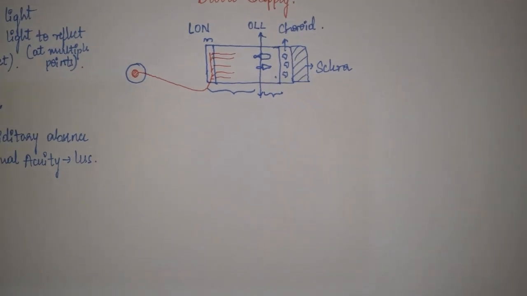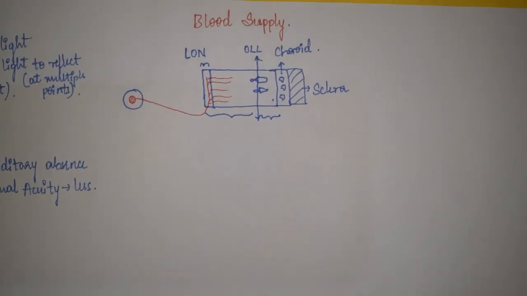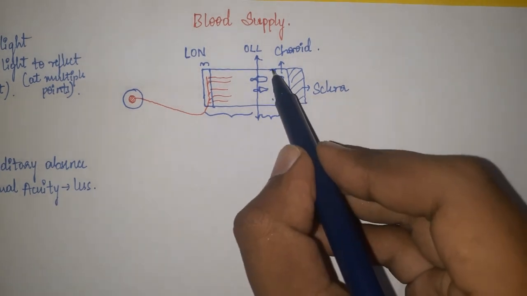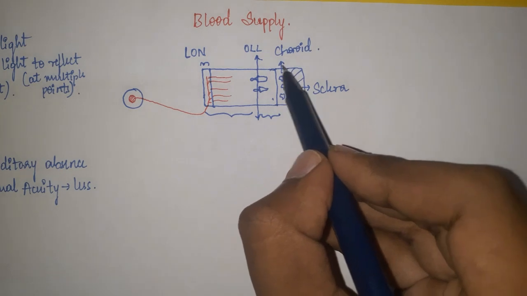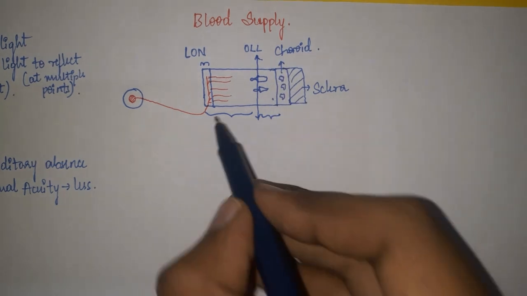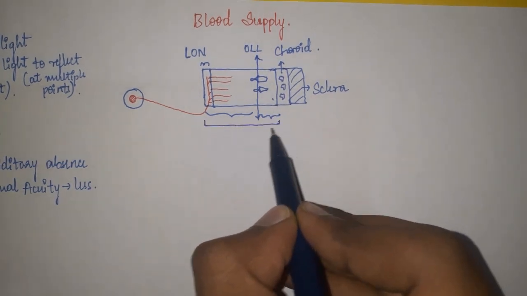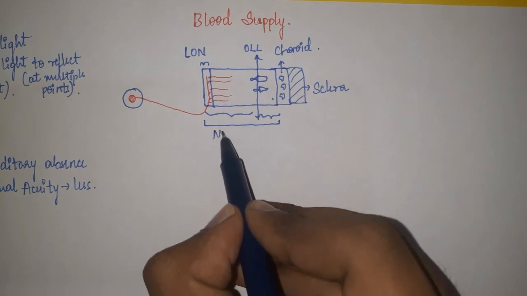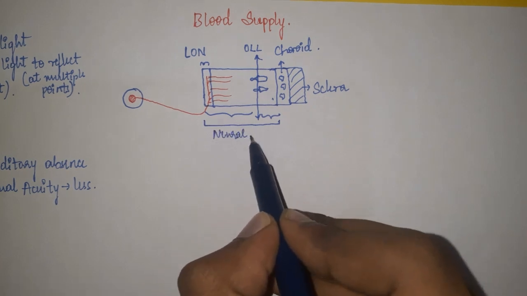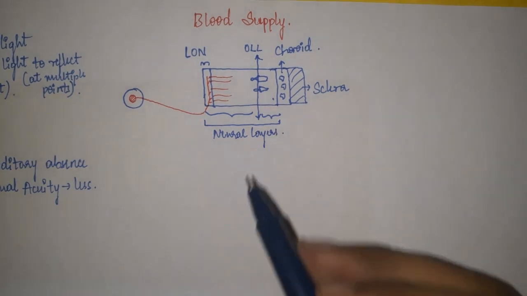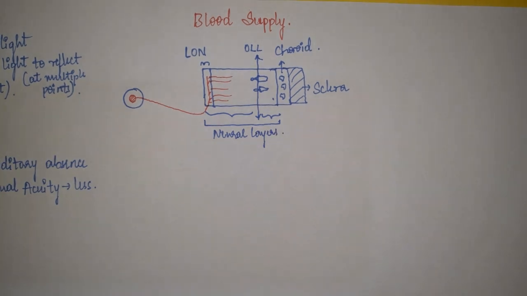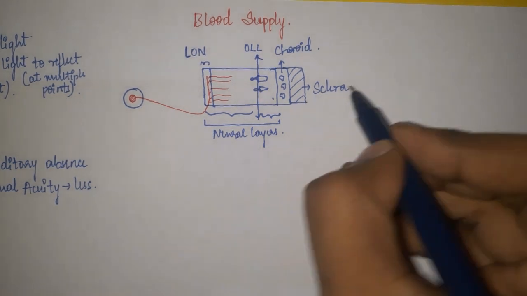Now there is one condition in which this neural layer will become separated from the choroid. All these are neural layers of the retina. If there is injury to the eye, one cause is separation.